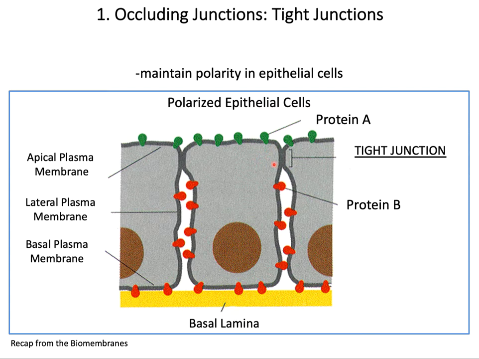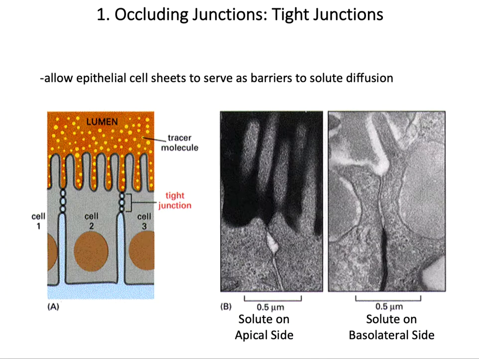Tight junctions are structures formed near the apical domain of the epithelial cells, producing a very tight membrane seal, such that apical membrane proteins cannot diffuse into the basolateral domain, and basolateral proteins cannot diffuse into the apical domain. So one of the functions of the tight junction, which is an occluding junction, is to maintain polarity in epithelial cells. Again, this should be a review.